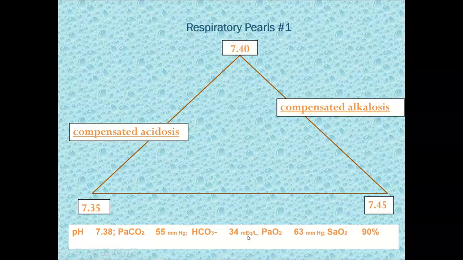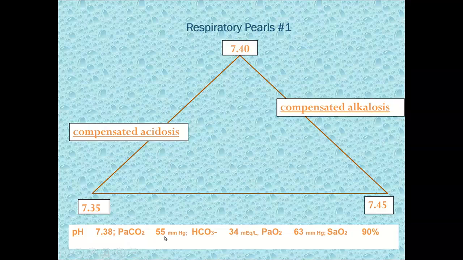It is this compensation mechanism, because it's a chronic stable patient, that has allowed the pH to stay in the normal range, despite the fact that on an everyday basis, a COPD patient will have an elevated CO2. So that's probably the first thing you need to remember: any patient with COPD, whether it's asthma, emphysema, or chronic bronchitis, is going to retain CO2. That is the pathophysiology of their illness.